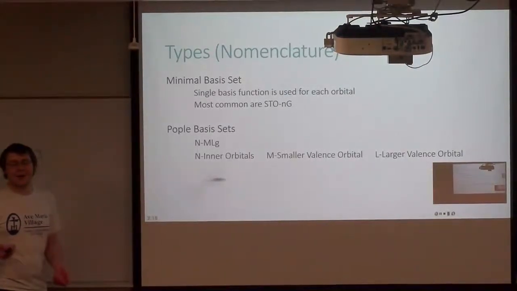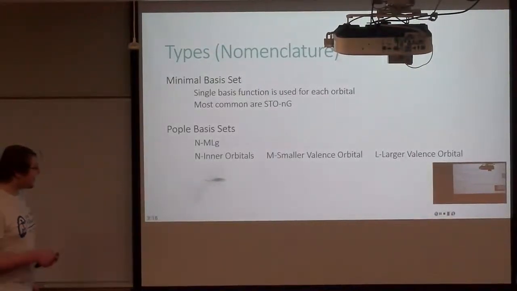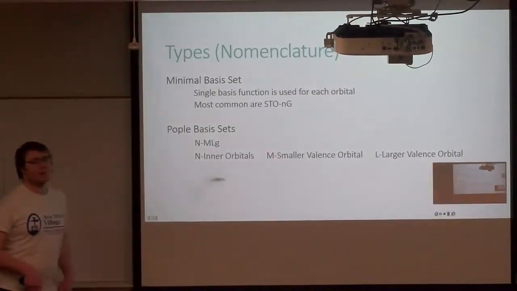For example, 6-31G, the inner orbitals would use 6 Gaussian functions for their Slater type orbital. The smaller valence orbitals would use 3, and the larger valence orbitals would use 1.